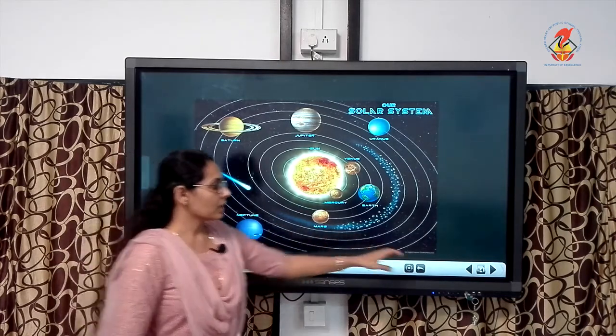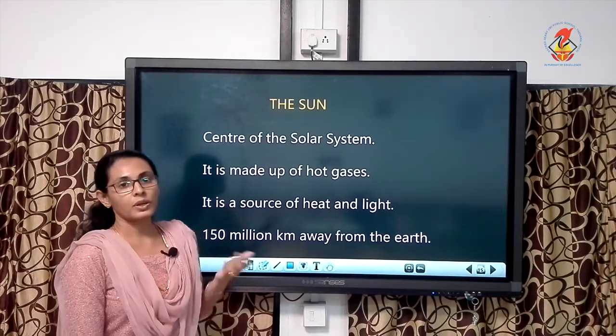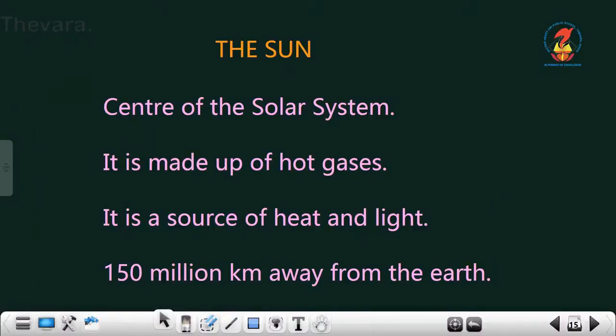Clear? Now the next one is what is the importance of the sun? That is next one, center of the solar system. We already saw that. Clear? So sun is the center of the solar system and also it is made up of very hot gases and also it is a source of heat and light.